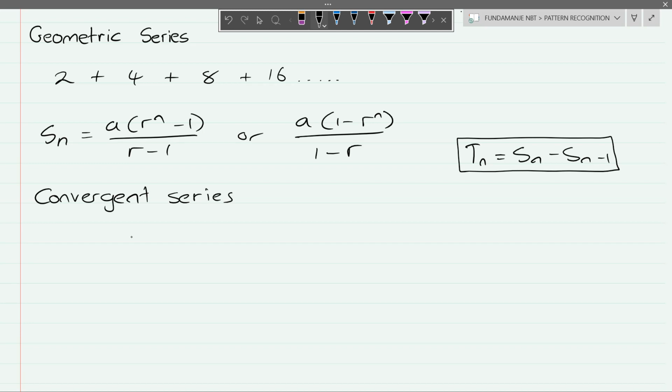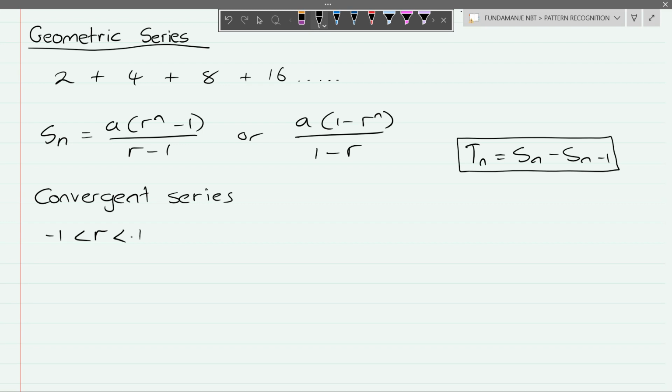So in these type of geometric series, the ones with r greater than 1 or r smaller than -1, the pattern grows indefinitely or unstoppably. It just keeps on getting bigger and bigger and bigger. But with the convergent series, r is limited to being between -1 and 1.